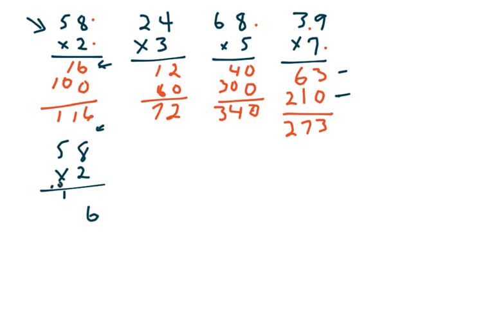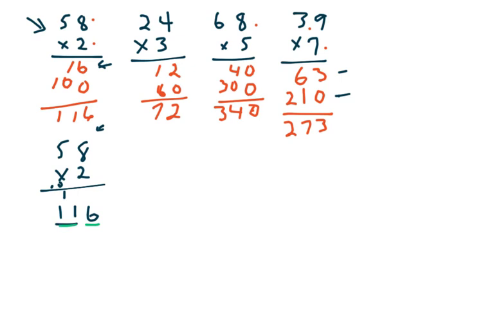Think about that. 10 plus 1 is 11. So there it is. There's the answer, 116. So you could write the 1 for the 16 down here, and you get 10 plus the 1 is 11. So 116. So this is in the tens place. The 2 times 5 plus 1 has to go in the tens place, which is over here. This is the ones place, and this is the tens place.